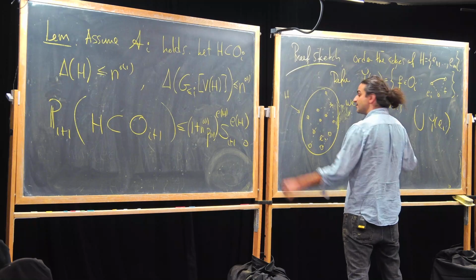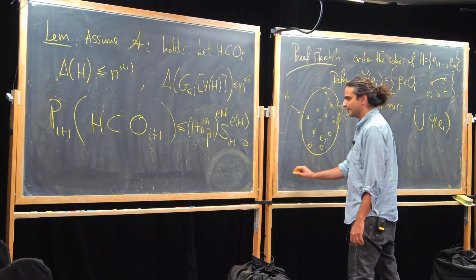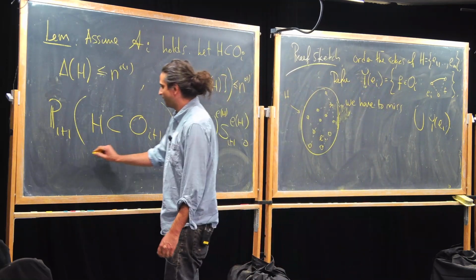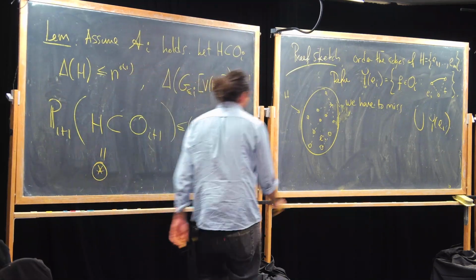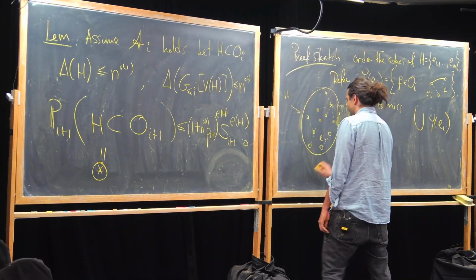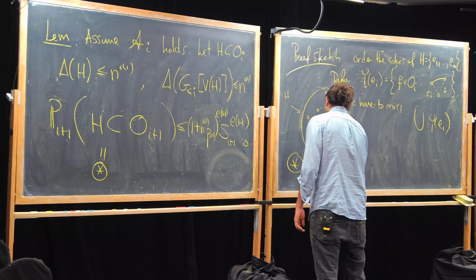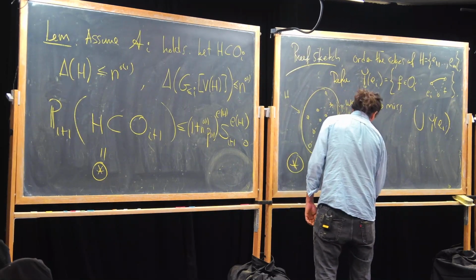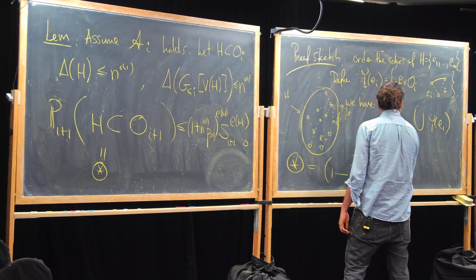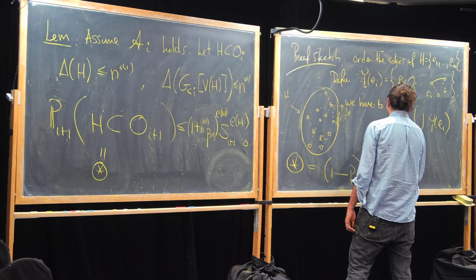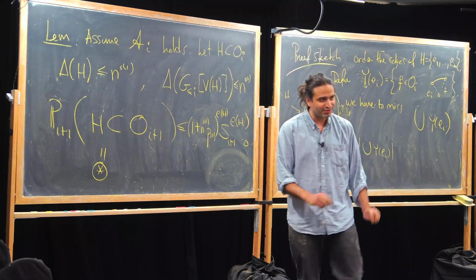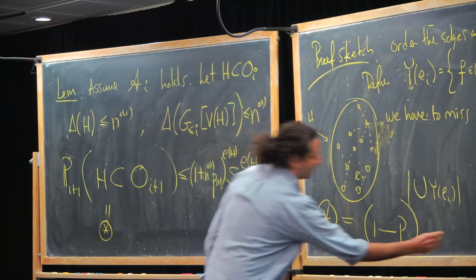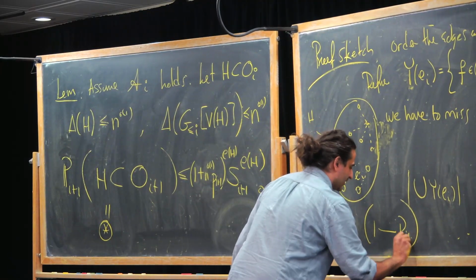So what's this probability, roughly speaking? Let's just call this star. So star is equal to 1 minus p times the union of this Y_{E_i}. Okay, and there's also another term with p squared, but I'm tactfully forgetting about that right now. This is the dominant term, and this is actually p_{i+1}.